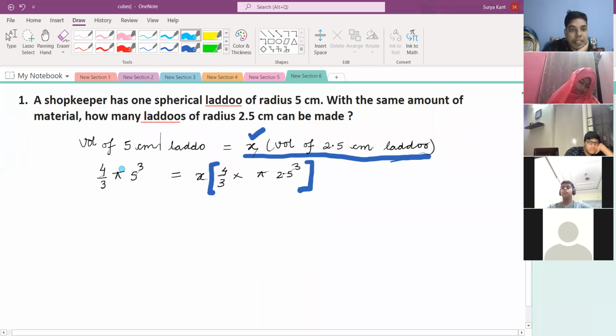The volume of that big laddu is 5 cubed. Now see, pi and pi will get cancelled from both the sides, 4 by 3, 4 by 3 will get cancelled.